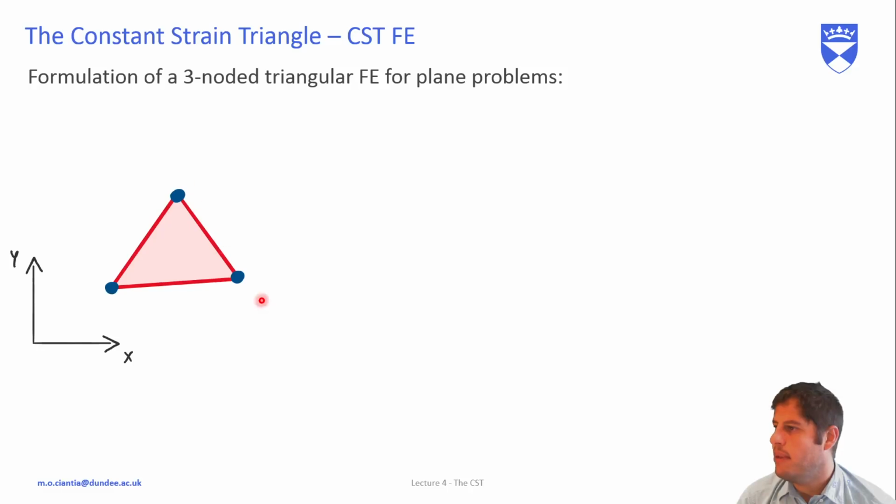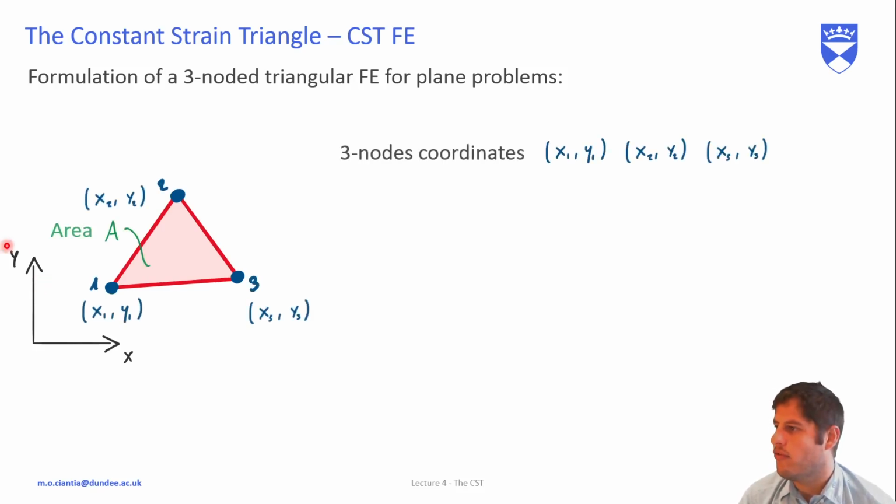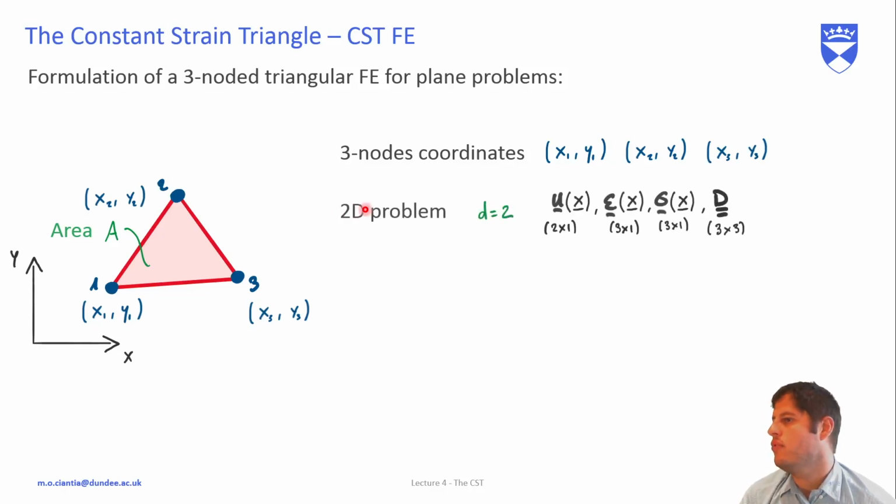Okay, so let's consider this finite element in its local coordinates xy with nodal coordinates of node 1, 2, and 3: x1, y1 for node 1, x2, y2 for node 2, and x3, y3 for node 3, of area A. We are working in 2D, so the dimension is equal to 2, and therefore our displacements will be a 2 by 1 vector, ux and uy.